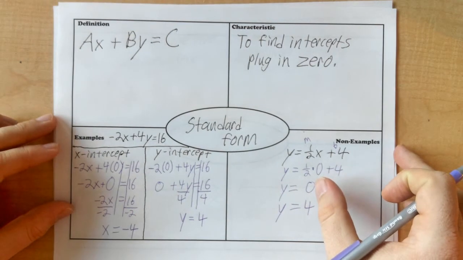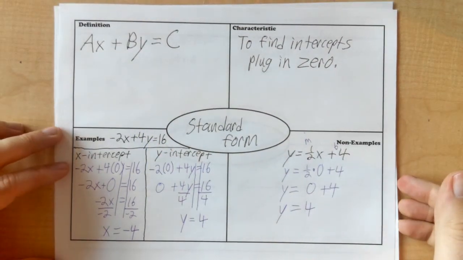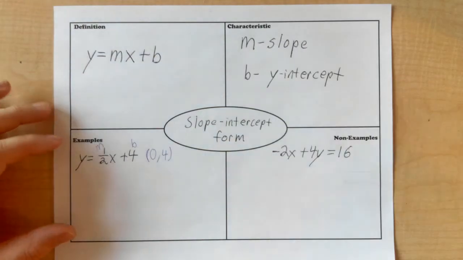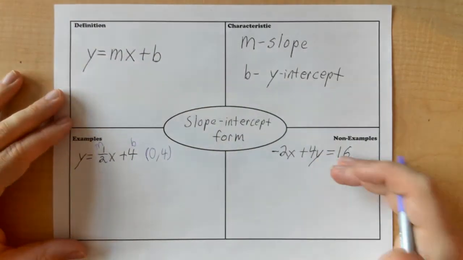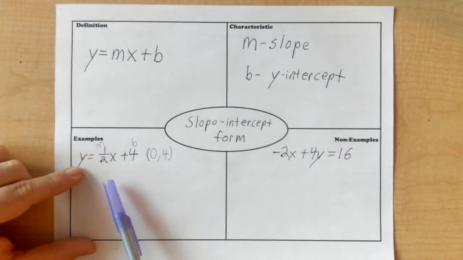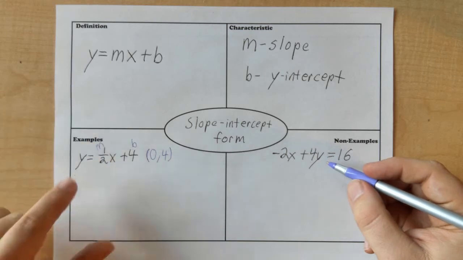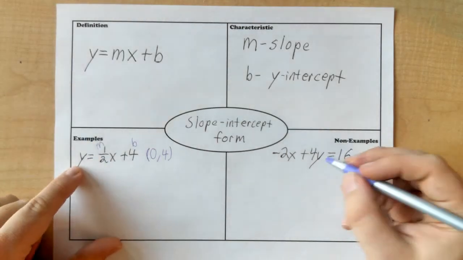Now, you'll notice that this was the non-example for slope-intercept form, right? You can, if you're given an equation in standard form, you can convert it to slope-intercept form. And we do that by solving for y. Right? As I said, y needs to be by itself here.